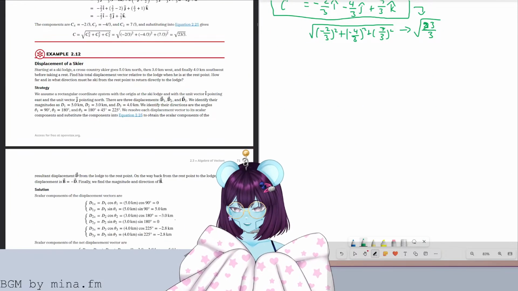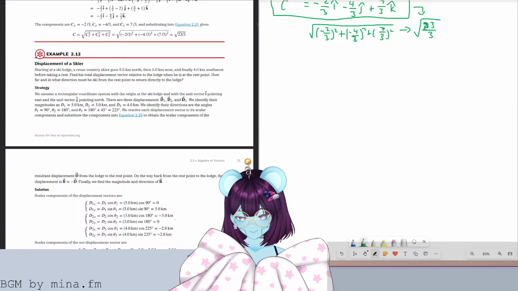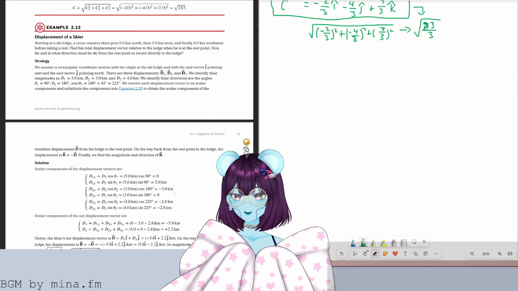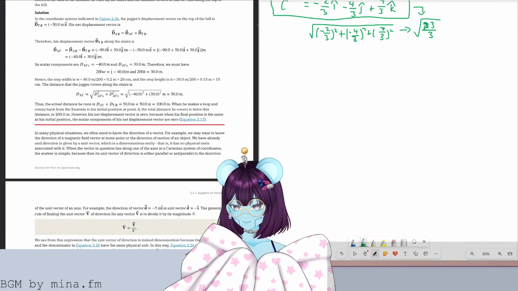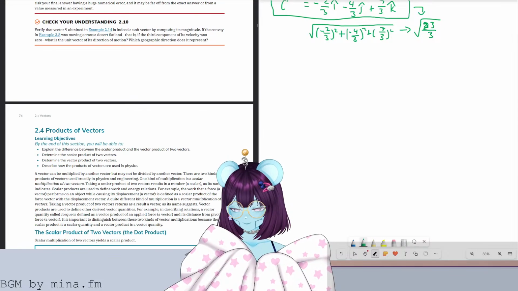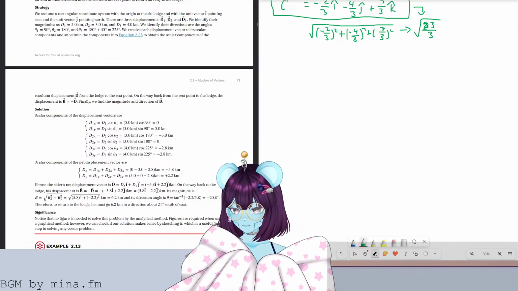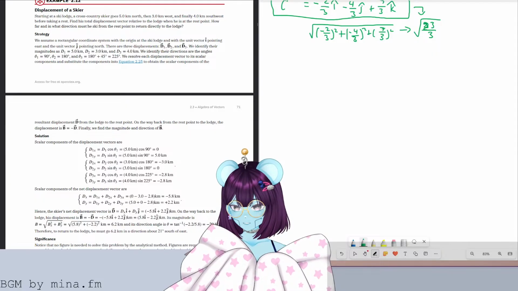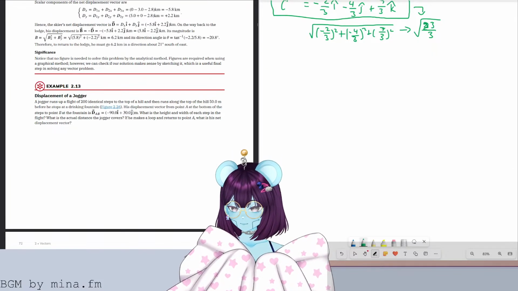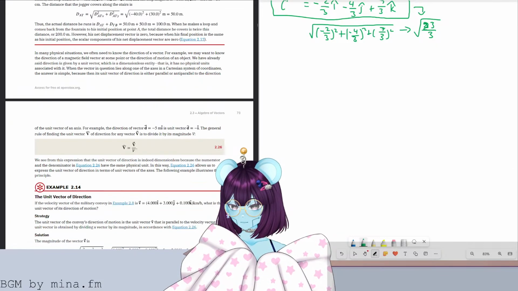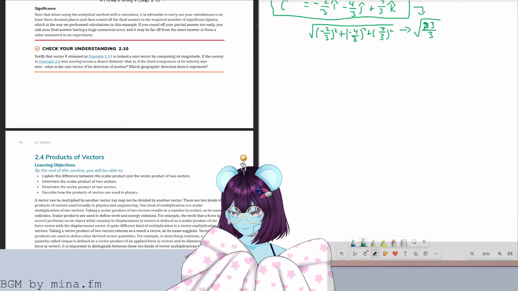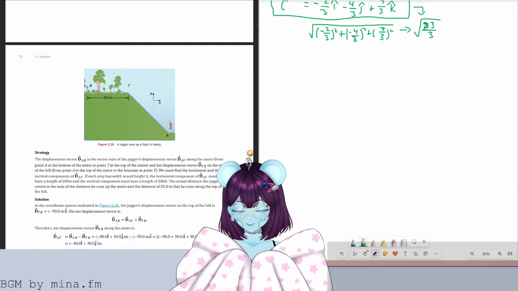Okay. Next, we're gonna calculate the displacement of a skier. How many more examples we got? We got this one, so 1, 2, 3. We got 3 more examples, and then we're done with this section.